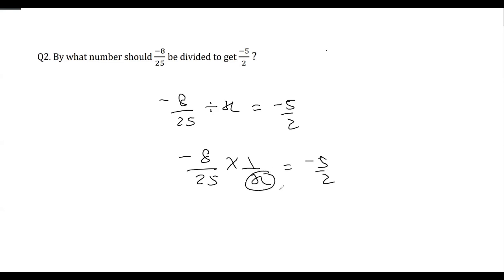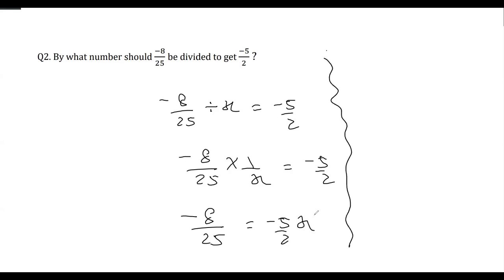Now x is in the denominator, so we cannot get its value. So the best thing we can do is to transpose x to the other side so that it gets multiplied over here. As you know, transposing a number which is divided becomes multiplied on the other side, so it should be multiplied by x. The next thing is to isolate this x by transposing this to the left-hand side. Now, if you do so, what's going to happen?